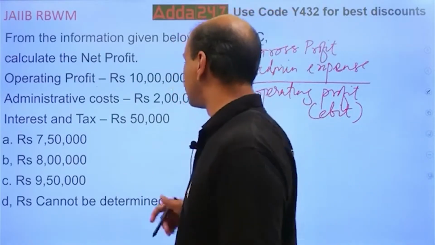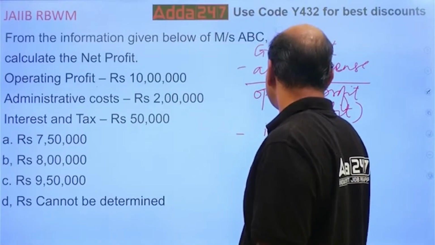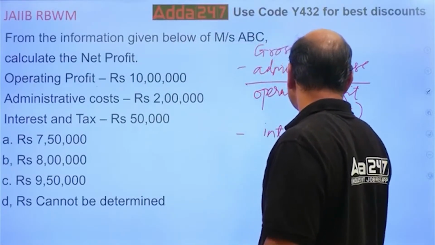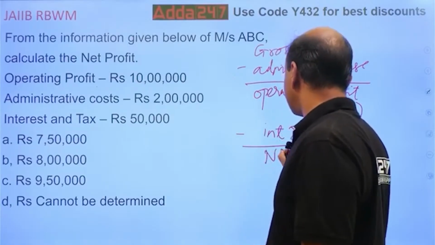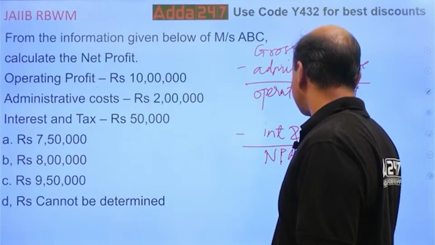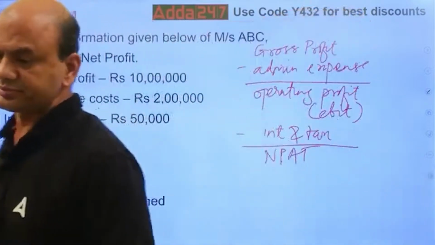From here you subtract interest and tax. Then afterwards you will get net profit, NPAT, net profit after tax. So this is the whole sequence.